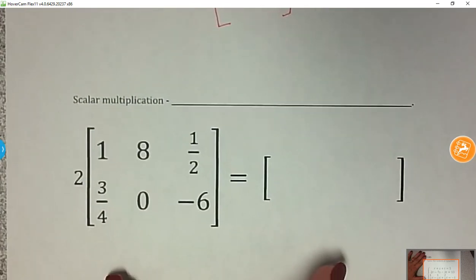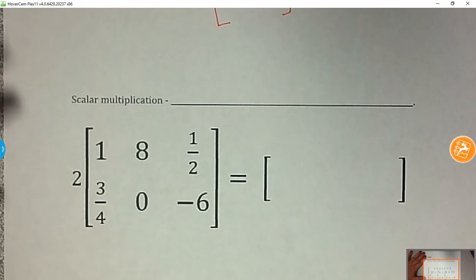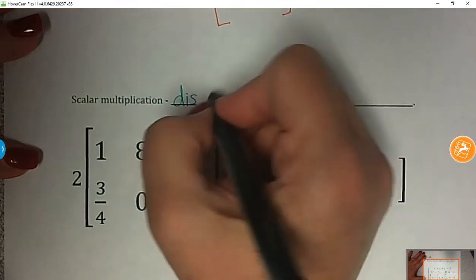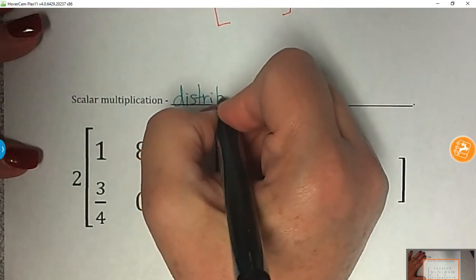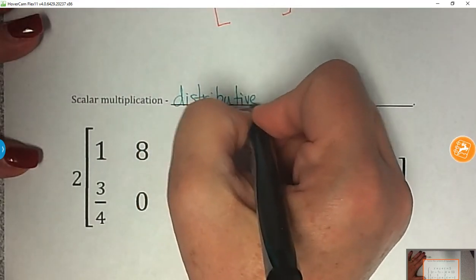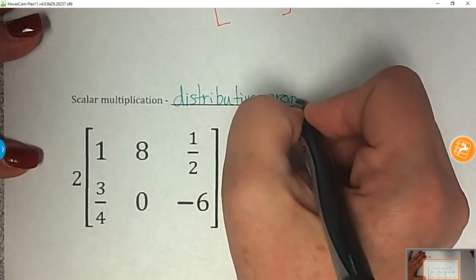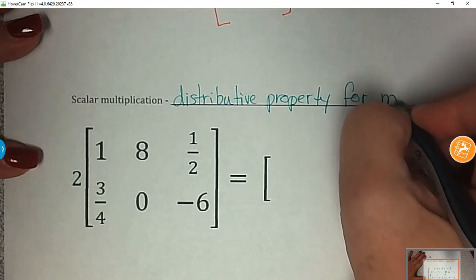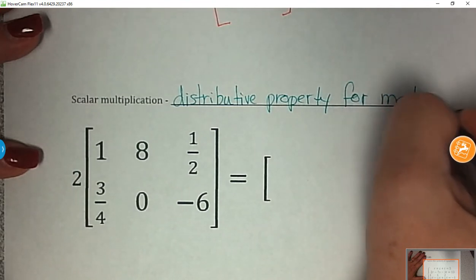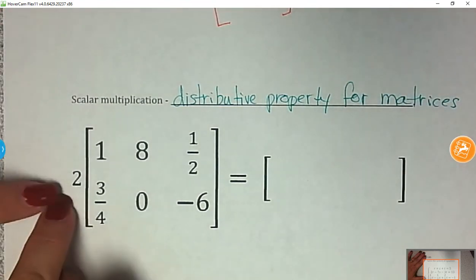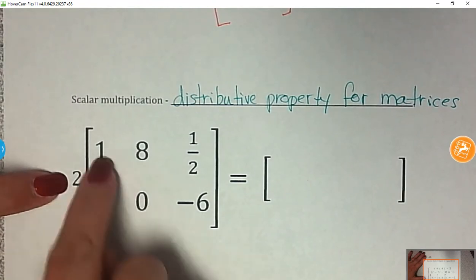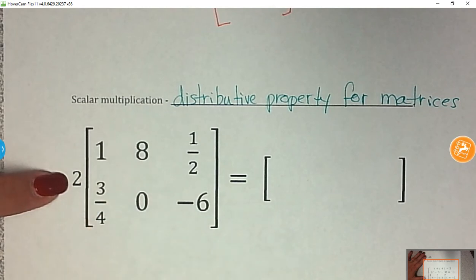Next, we have scalar multiplication, and this is basically just the distributive property for matrices. So if they put a number in front of a matrix, this number is going to be distributed to everything in the matrix.